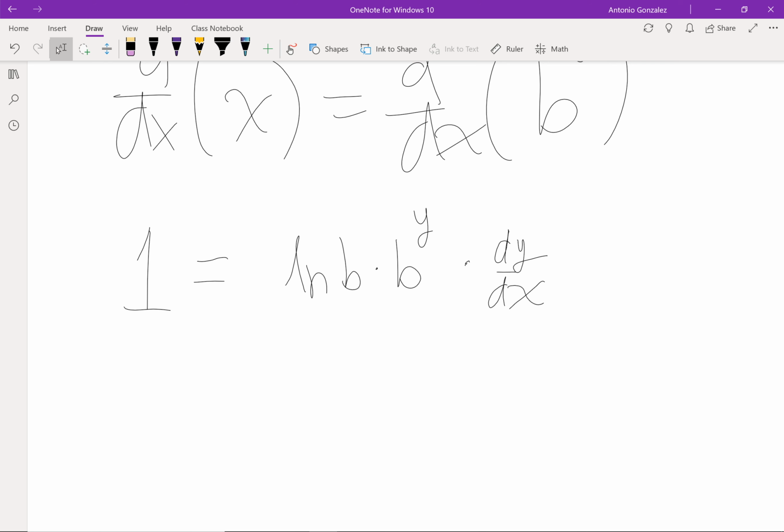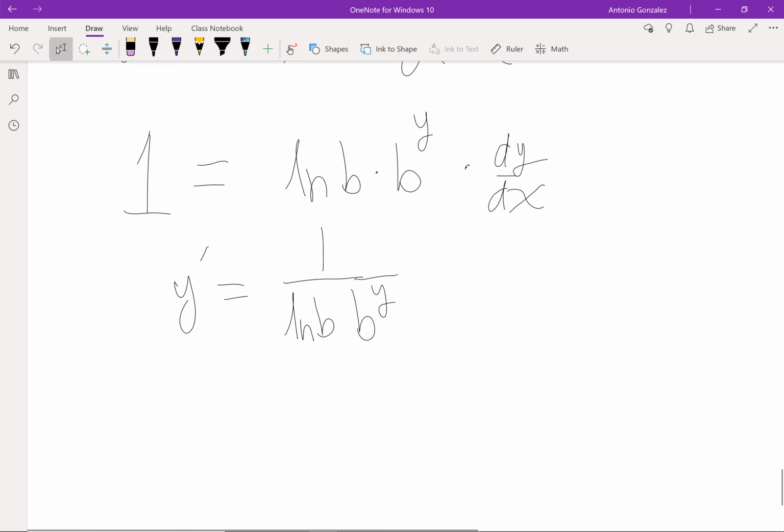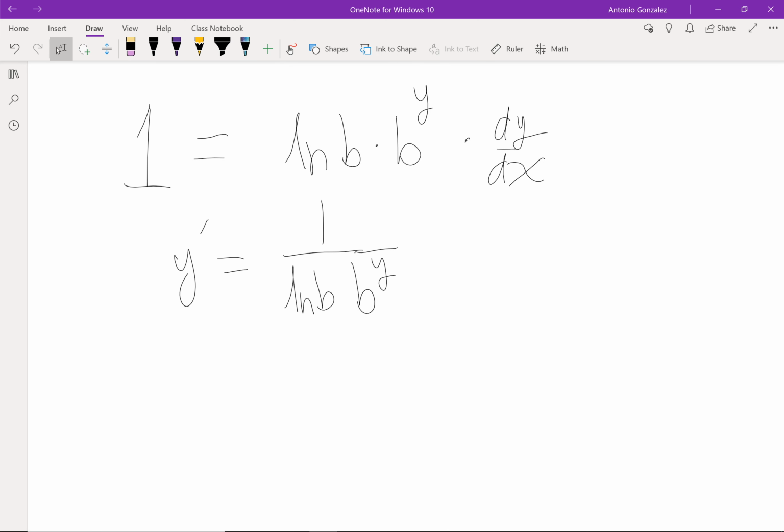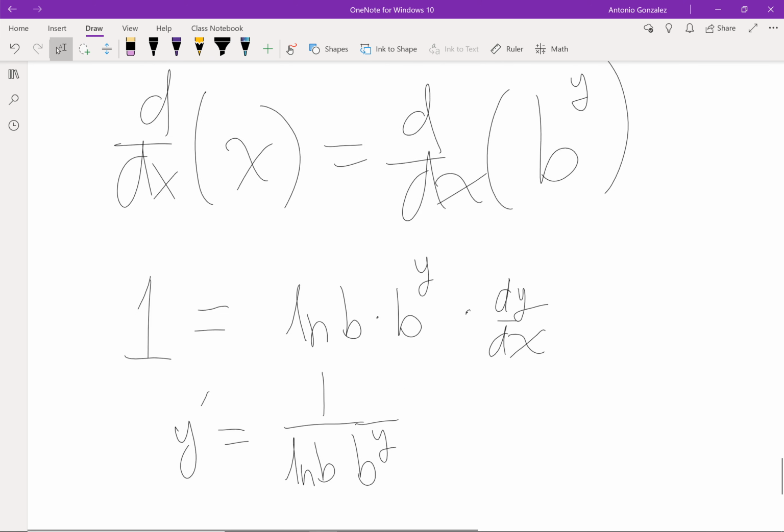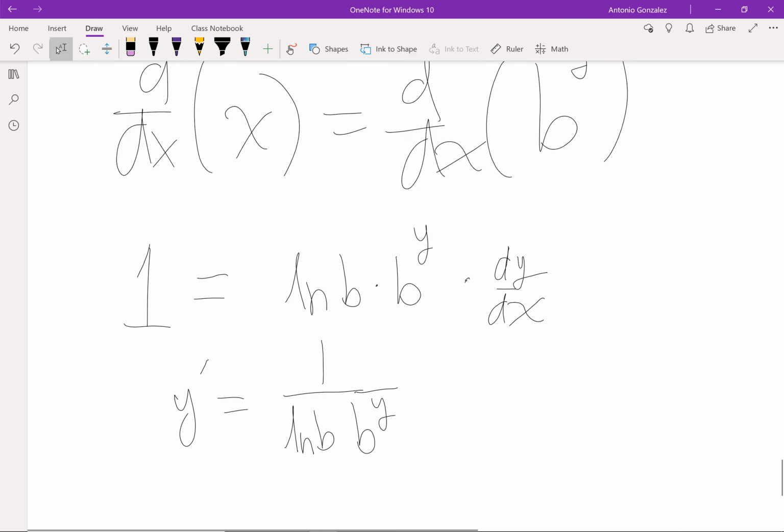Then solving for dy dx, or y prime, we get 1 over ln of b times b to the y. And again here, b to the y, what is y equal to? Log base b of x.